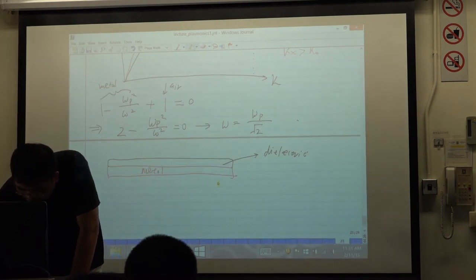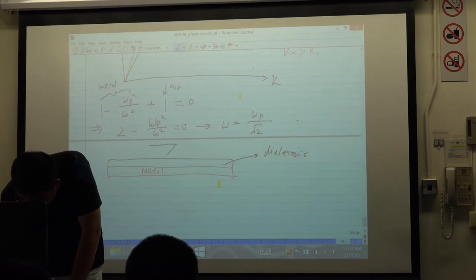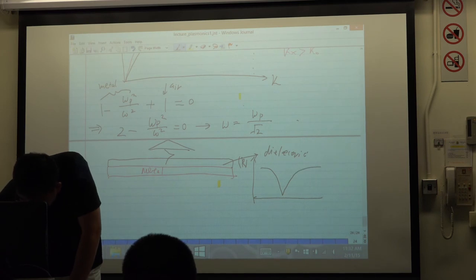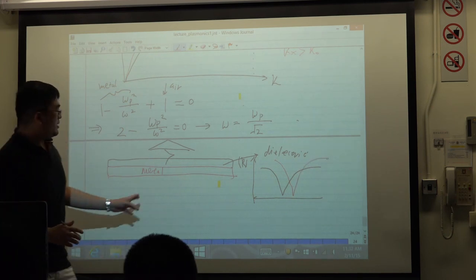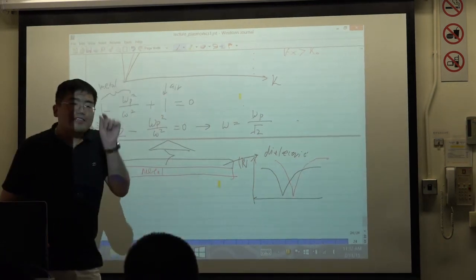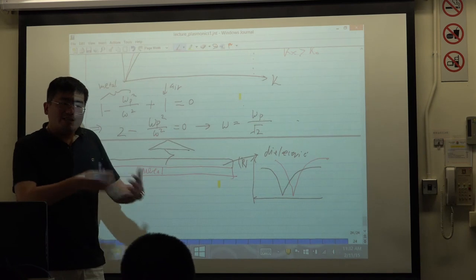I survey the reflection coefficient, and there's a dip. This is the first curve. And if something happens and they change the permittivity of the dielectric, it shifts to another. Very sensitive. They use this method to do biosensing.